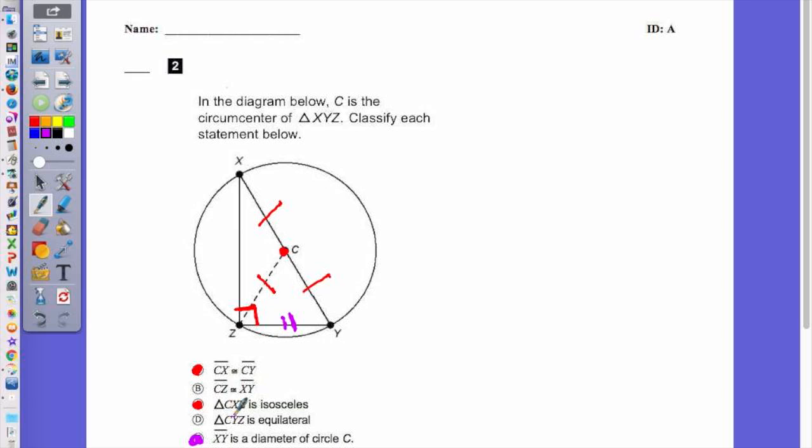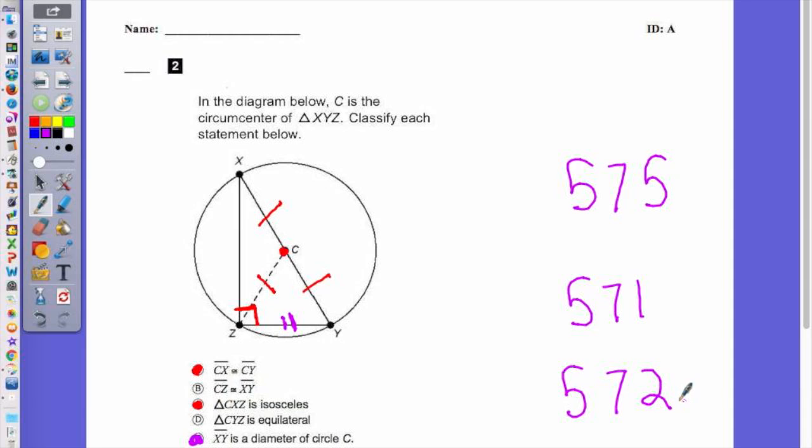Okay? If you put CYZ as equilateral, I don't know whether you get partial credit for the ones you get right or you don't. The people who write the EOC, the state doesn't really tell us, and there's differing opinions. Based upon student scores last year, it looked to me like they had to give some kind of partial credit. Because I think the highest score you can get on a scaled score is a 575, and I had one student get a 571, and one student get a 572.